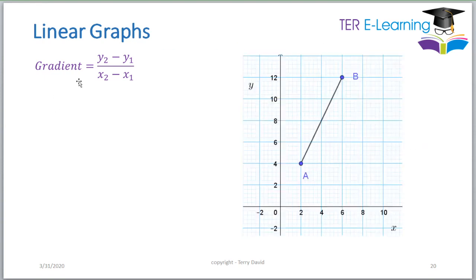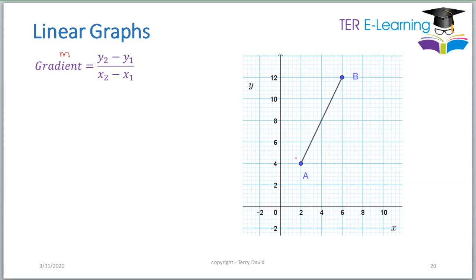Now, this is one of those things that you all have to learn off. The gradient of a line, which is what we call an M all the time, is equal to, there's a formula to work out gradient. Now, here's how we're using this formula.